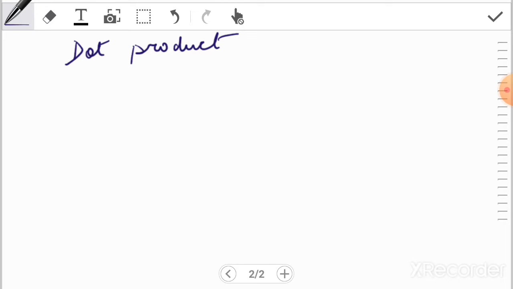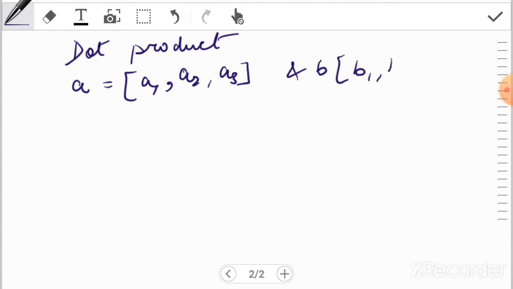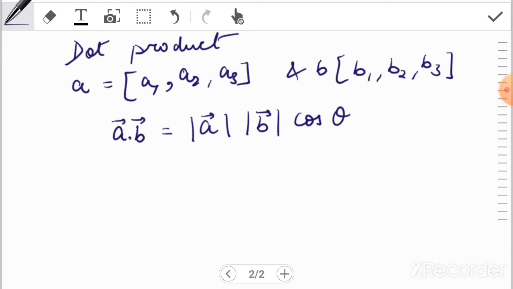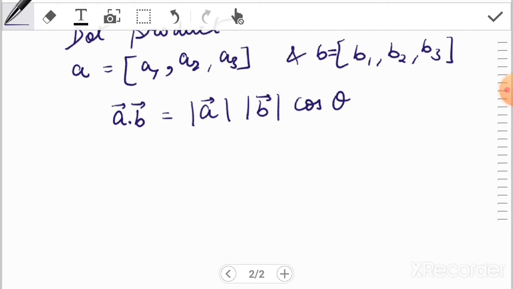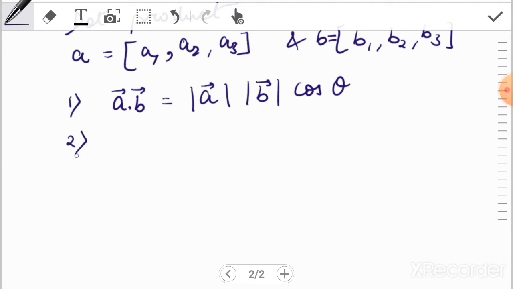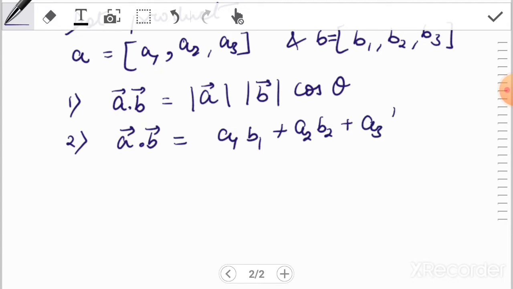So if we have two vectors A as A1, A2, A3 and B as B1, B2, B3, the dot product is defined as magnitude A, magnitude B, cos theta, where A1, A2, A3 and B1, B2, B3 are the components of the respective vectors A and B. Also, you can write the dot product of A and B vector as A1 B1 plus A2 B2 plus A3 B3.